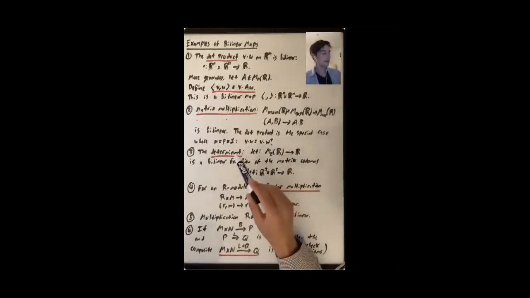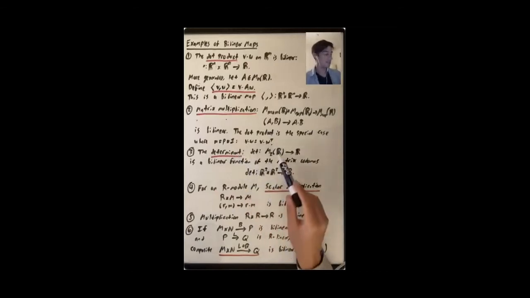Okay, the determinant is a function that takes a 2 by 2 matrix to a real number. Well, this is just a function of one thing, right? This R module that is 2 by 2 matrices. So it can't really be a bilinear function unless you think of the inputs as being each column separately.